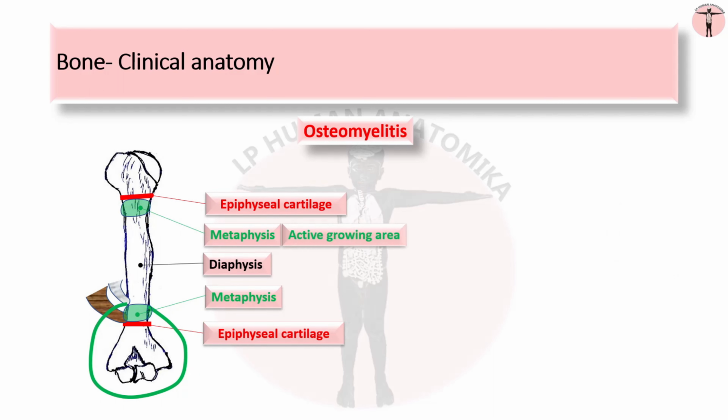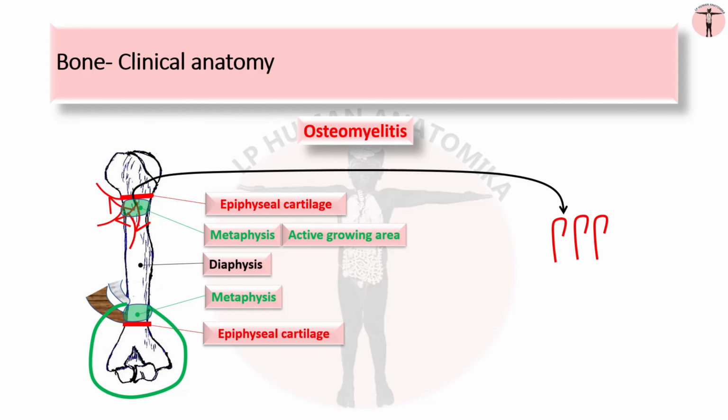It is the zone of active proliferation and has rich blood supply. The metaphyseal arteries in children before epiphyseal union form hairpin bends. The bacteria or infective emboli get trapped in these hairpin bends and cause osteomyelitis, which is inflammation of the marrow and the adjacent bone tissue.